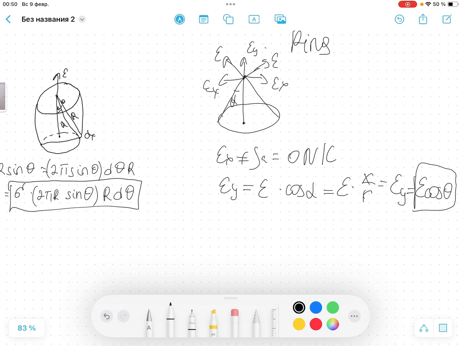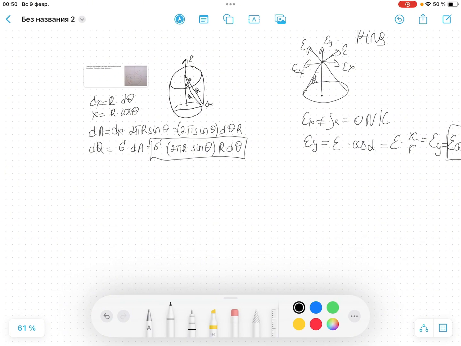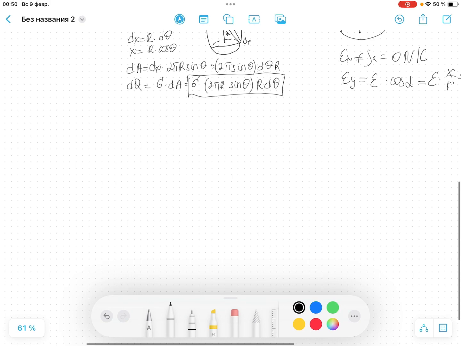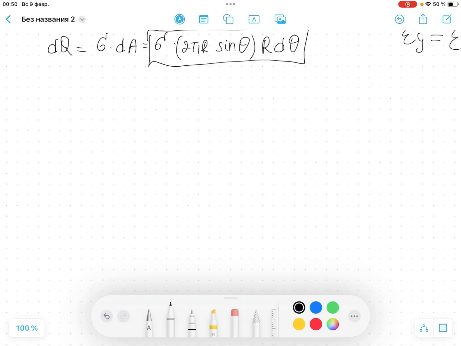And then we should find the total electric field on the center. So we should sum all the little rings of this hemisphere. Our dE would be equal to k dq over r squared cosine delta.